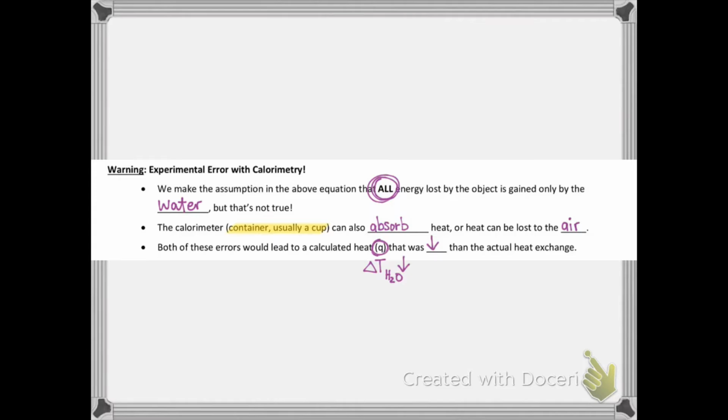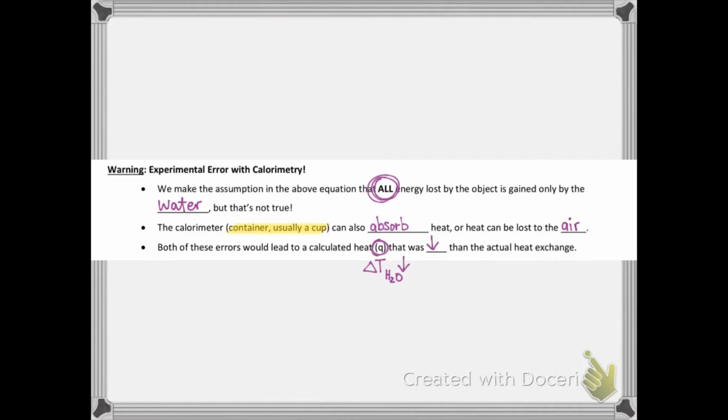So just watch out for that. Pretty much, whenever you're doing a lab with calorimetry, inevitably the error leads to a smaller calculated Q than the actual reality because of the lost energy. Well, okay, it's not lost. We know where it went, but it wasn't measured.